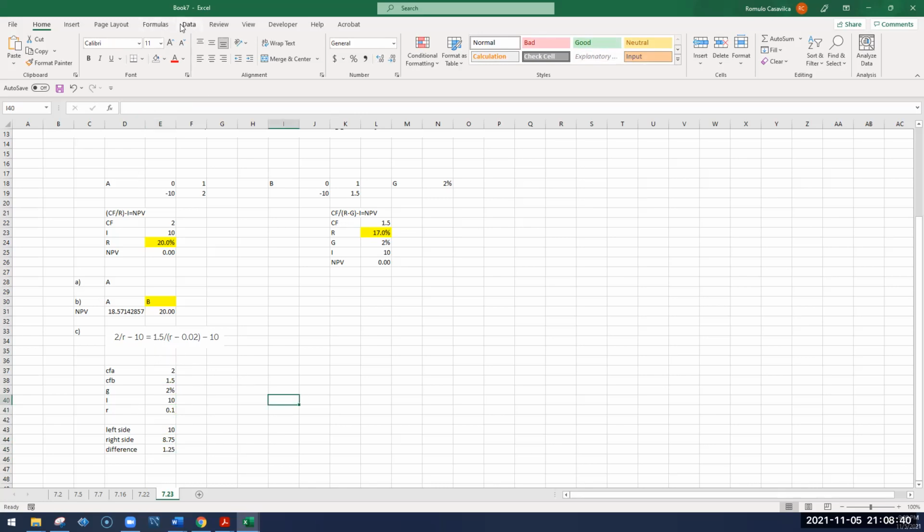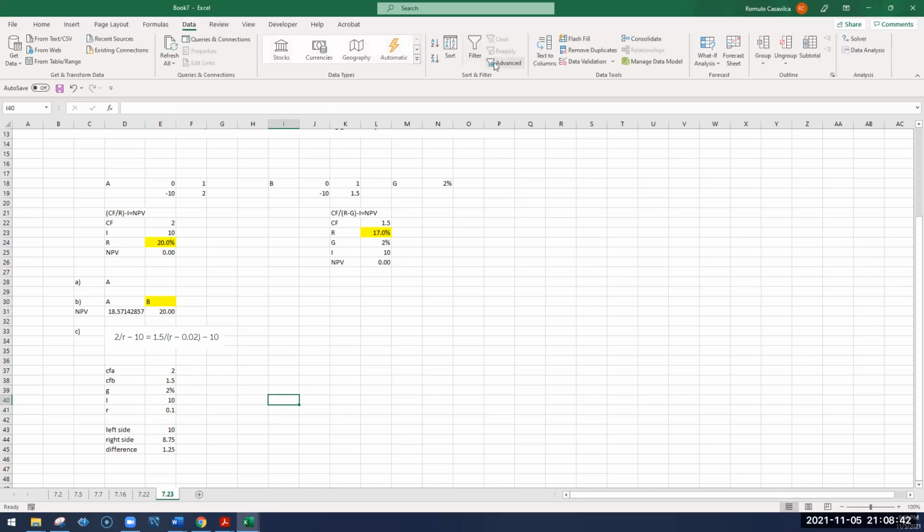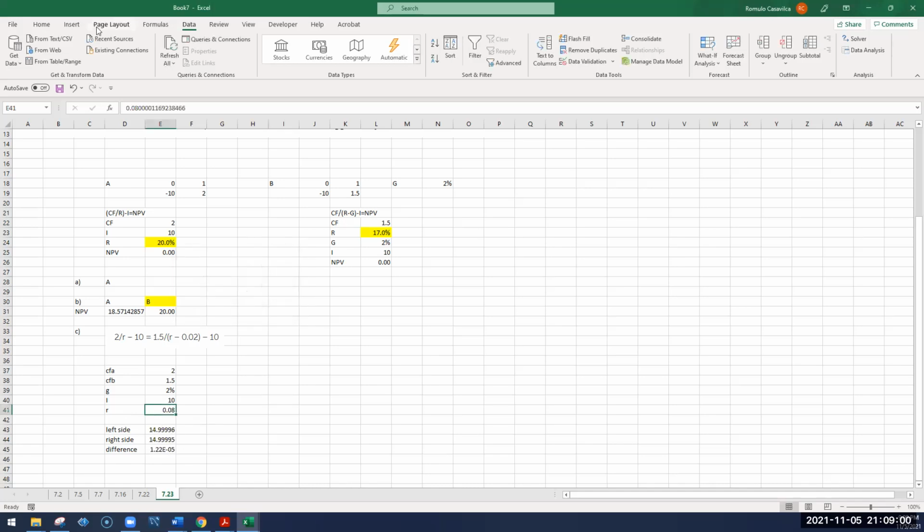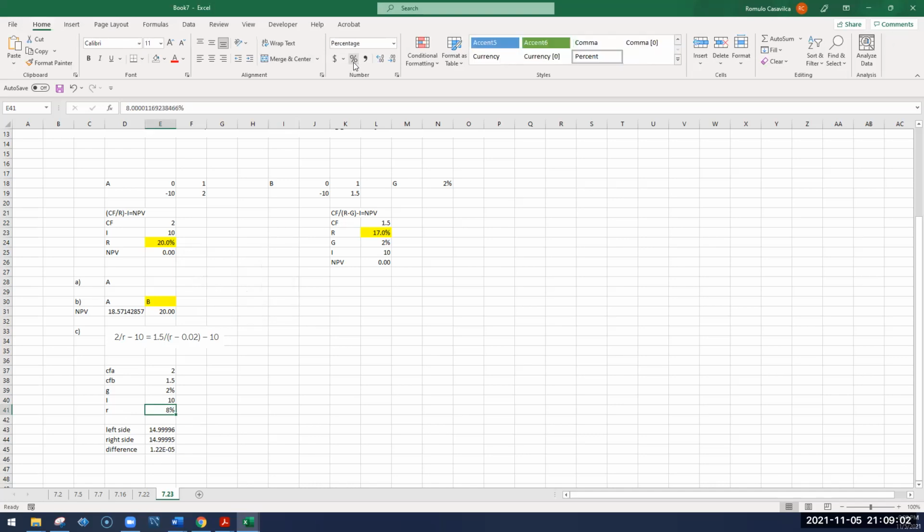So I go to data, goal seek. I need this difference to be 0, changing my R, which is the answer. There you go, it's 8%.